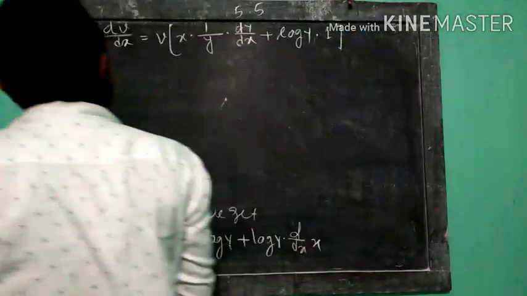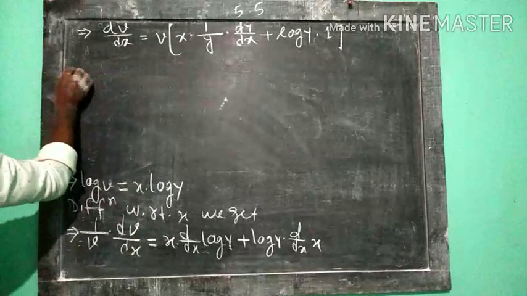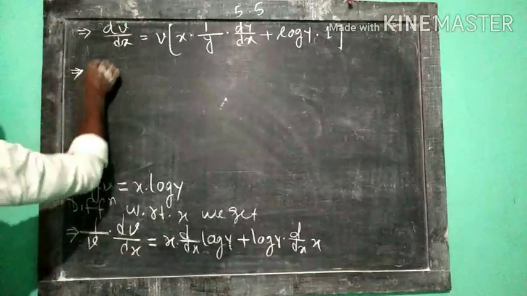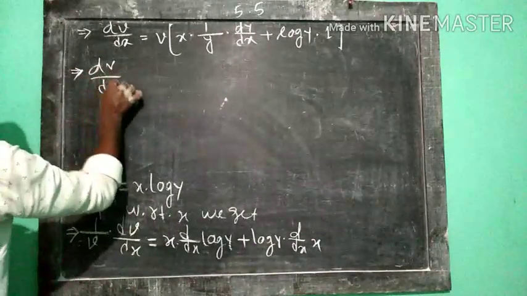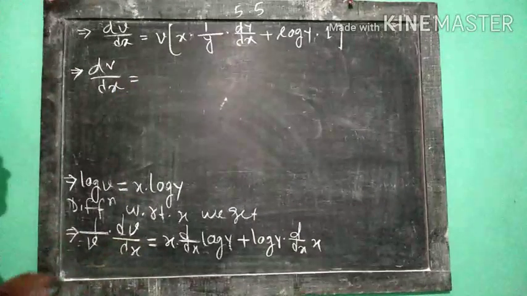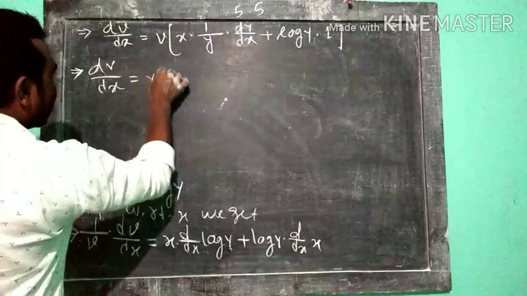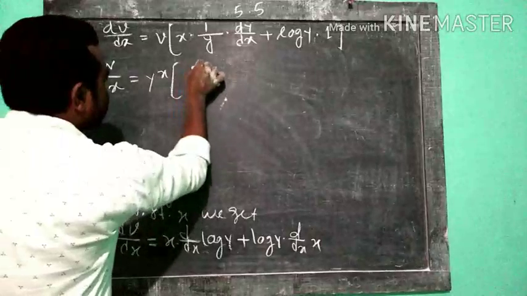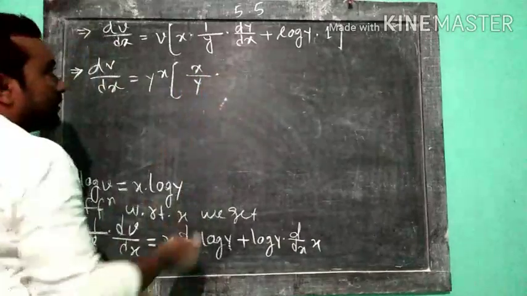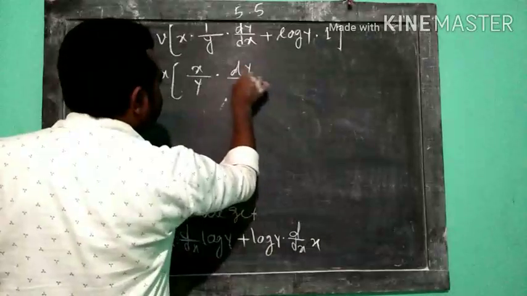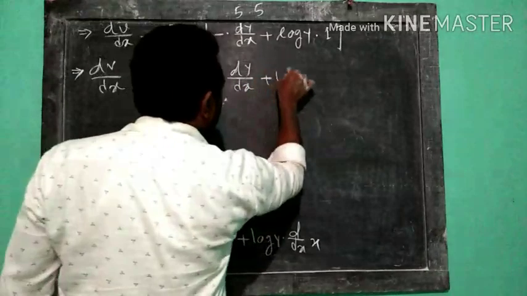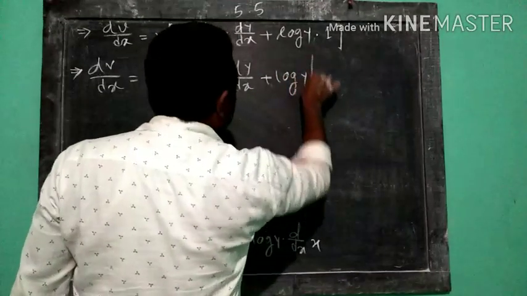So this is the value of dv/dx. What is v? v equals y to the power x, whole into x by y into dy/dx plus log y.